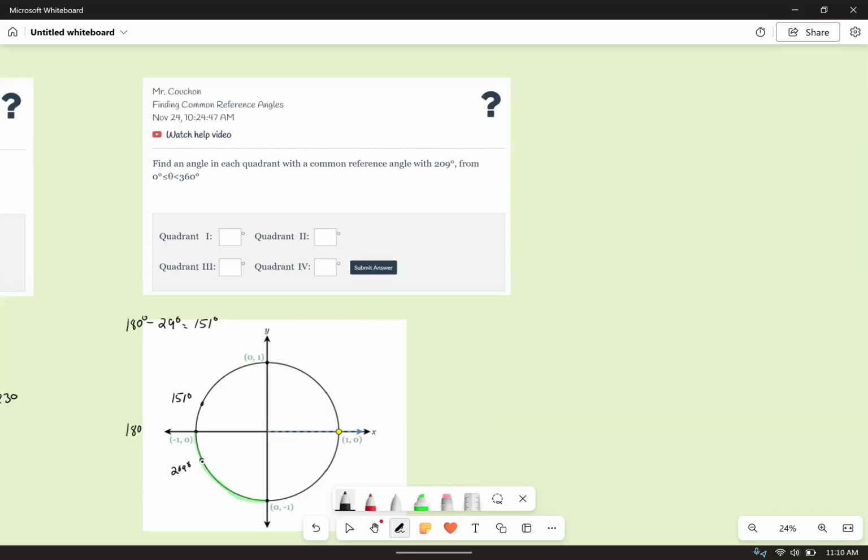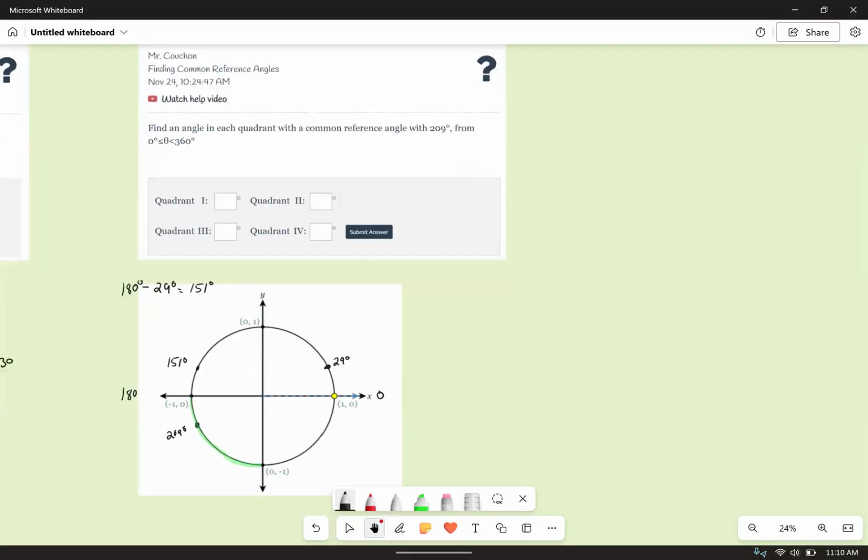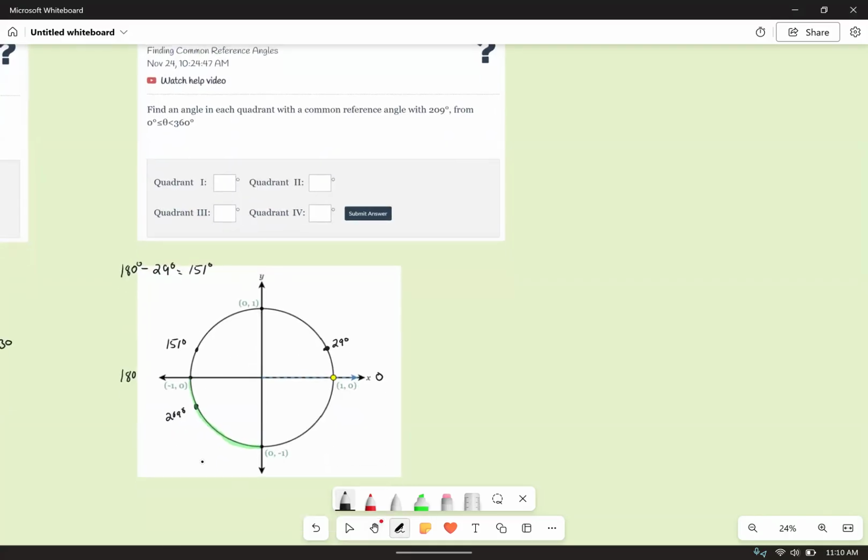All right. What about on the opposite side? 151 to 180 is 29. So this is 0. So we know that this one's going to be 29 degrees. That one's pretty easy to figure out. Then the last one is going to be down here. If we're going 29 past the x-axis, quadrant 4 will be 29 below the x-axis.